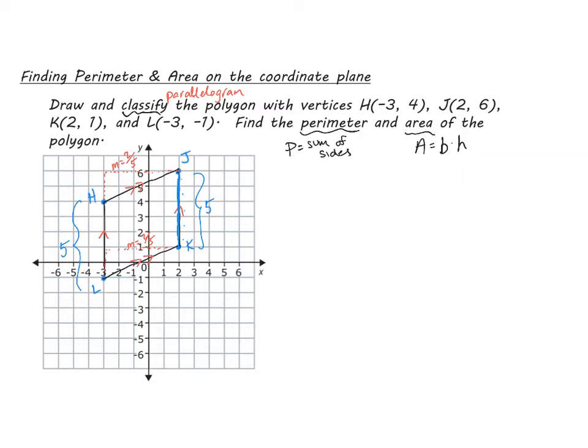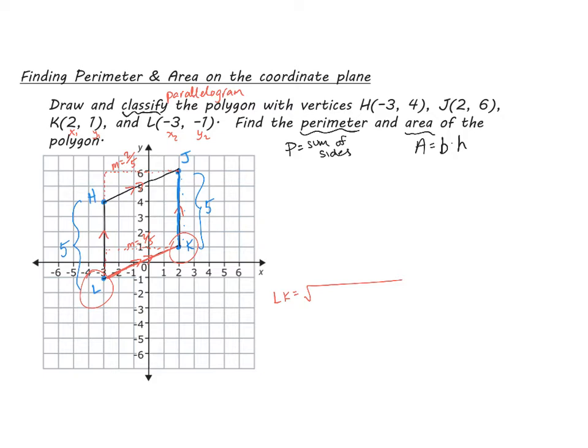But since it's not a horizontal or vertical line, I've got to use the distance formula. So to use the distance formula to find LK, I'll do it right here. LK equals. I'll call this x2 and x1, and this y2 and y1.